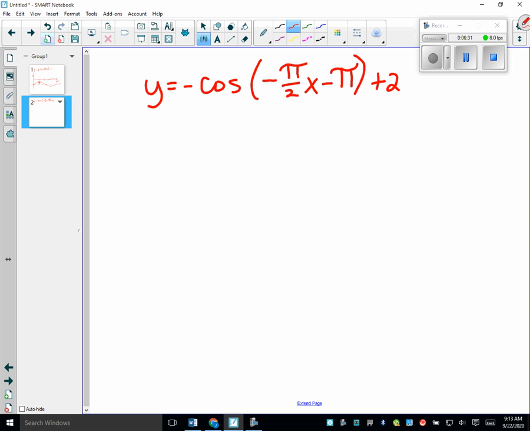Everybody good with that? Now, on the y, do you see that it has an amplitude of 1 and it's moved up 2? Doesn't that mean that the graph is going to be up 3? So we can do a minimum of 0. Well, I would do a minimum of -1 so you see the axis, because you want to make sure you see those tick marks. And then what do you want for your y max?